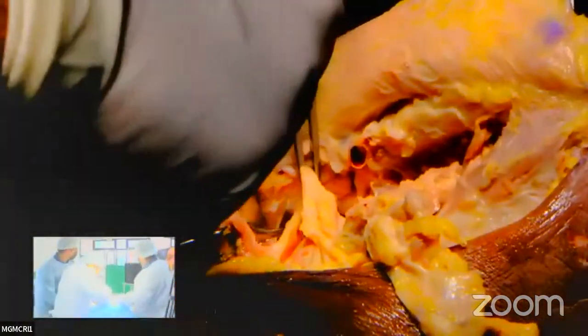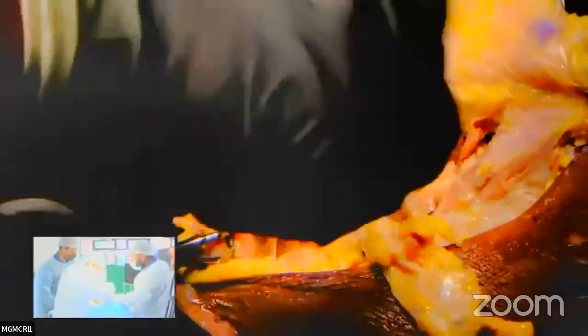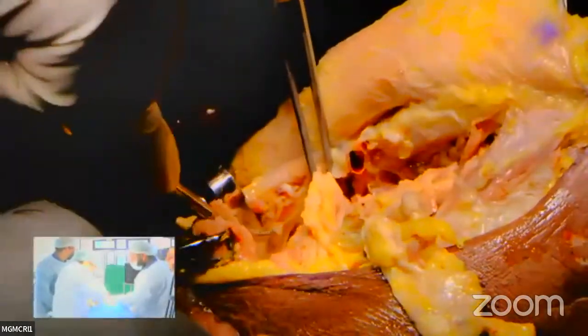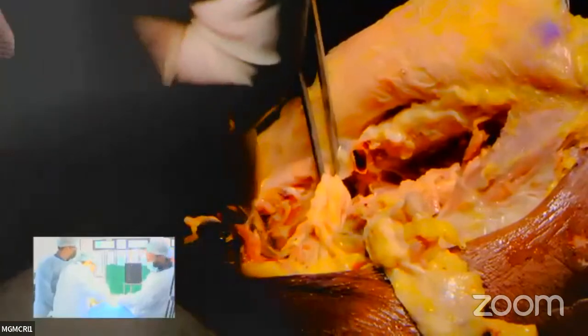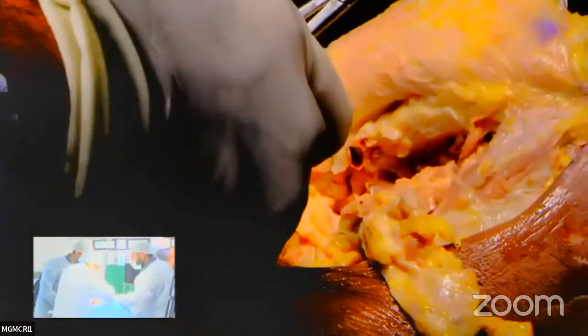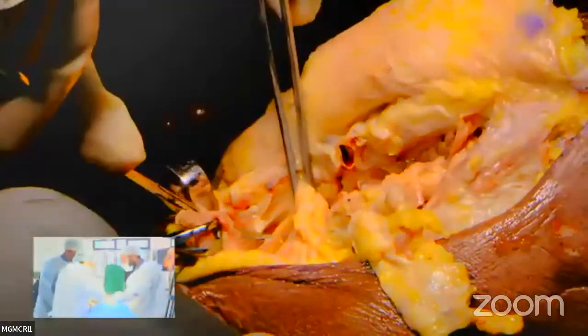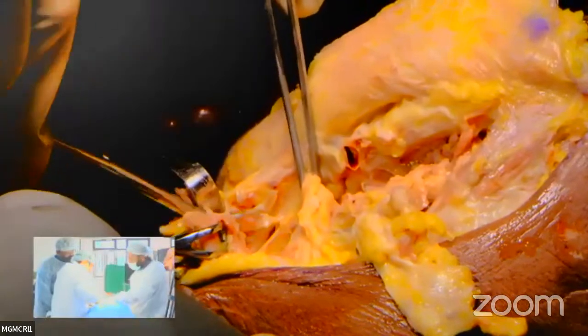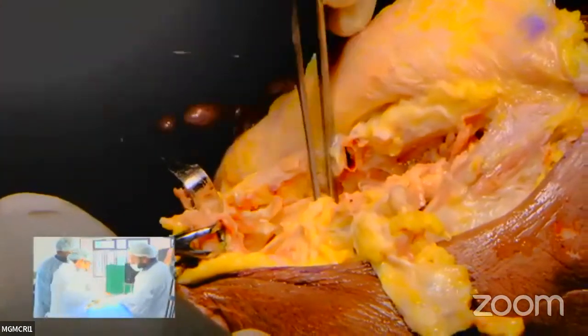In this triangle of interest, you will start seeing the spinal accessory nerve. This is your spinal accessory nerve. This is a very good cadaver.